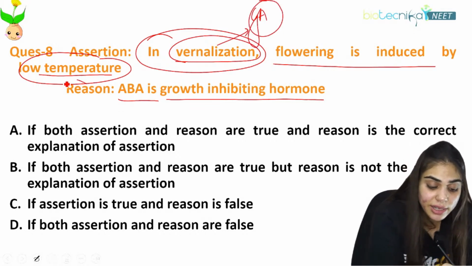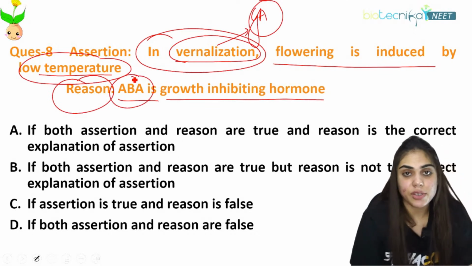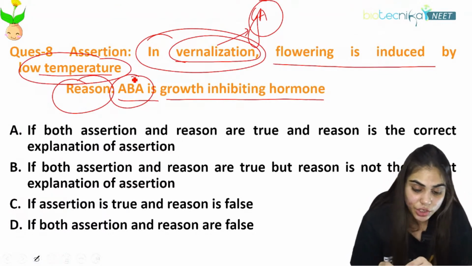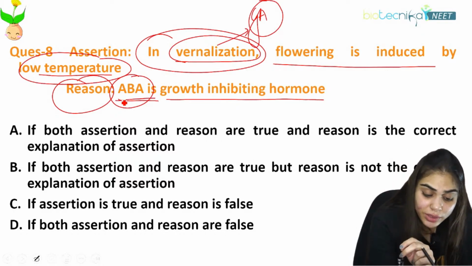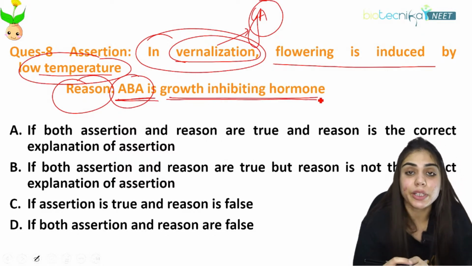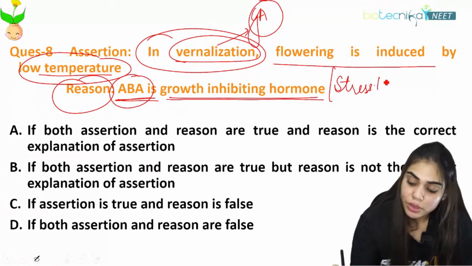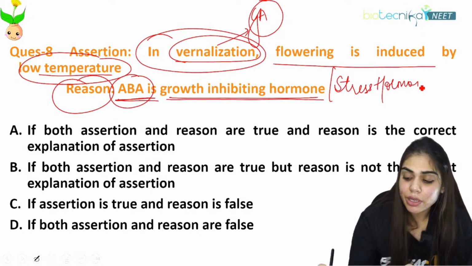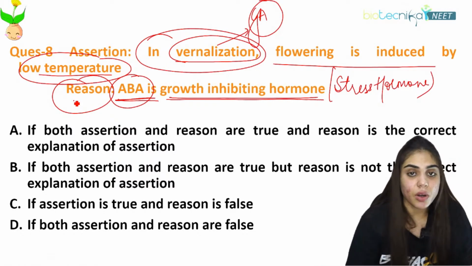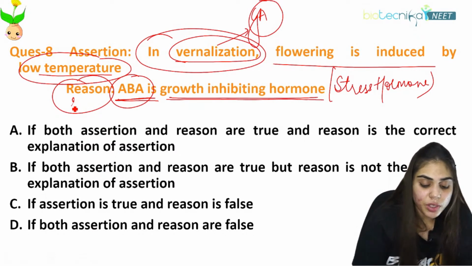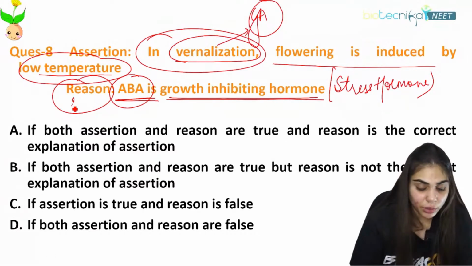But the second sentence is talking about abscisic acid. So the reason and assertion are not related to each other. But yes, we know that ABA is a growth inhibiting hormone, because it is also known as a stress hormone. So both statements are correct, but the reason is not the correct explanation for this assertion. That means option B goes right.